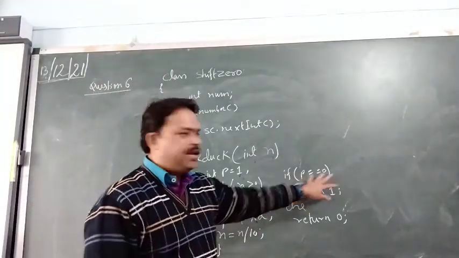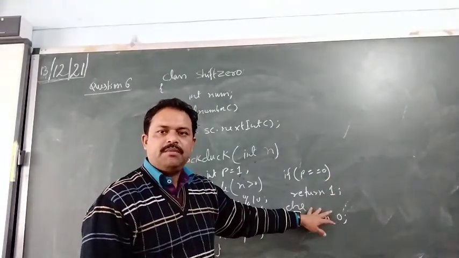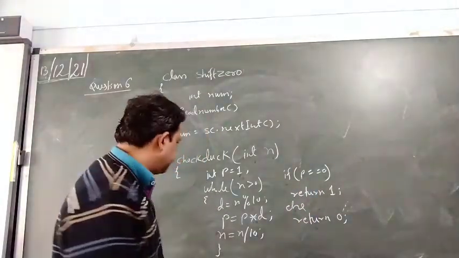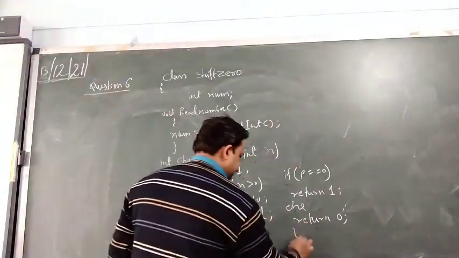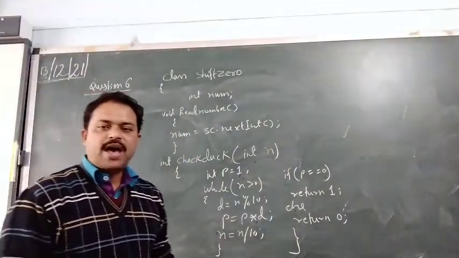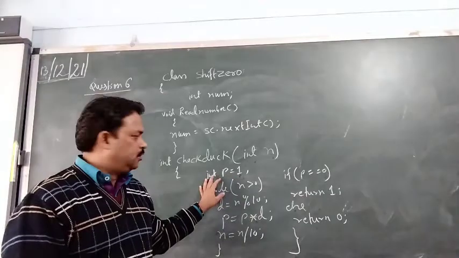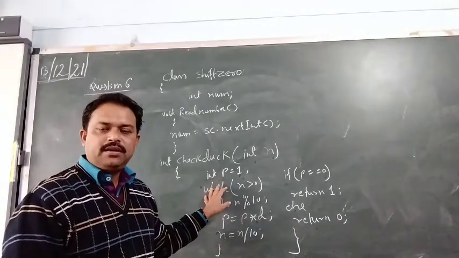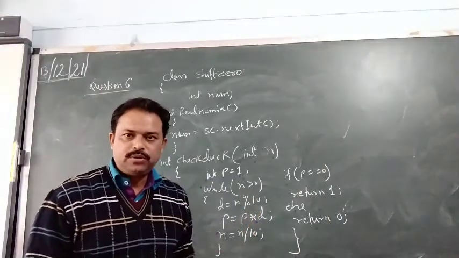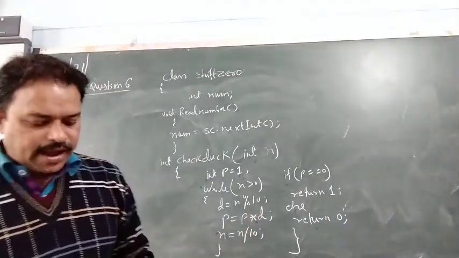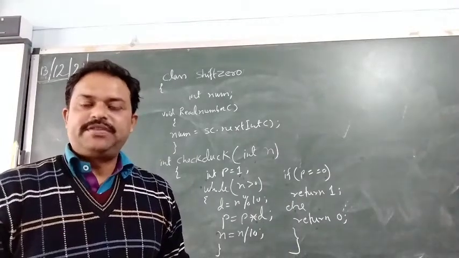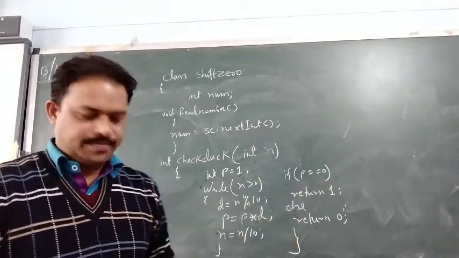So I am checking whether p is 0; I will say return 1 means duck number, else not a duck number. And close this function. So I have made one function which will tell me whether it is a duck number or not. Note it down. And finally we have to make one more function called shift, which will shift the 0 to the right hand side.